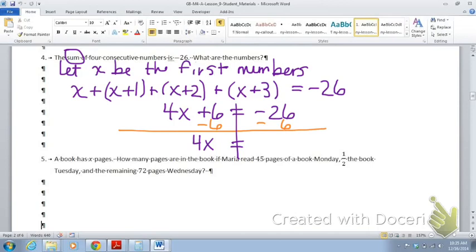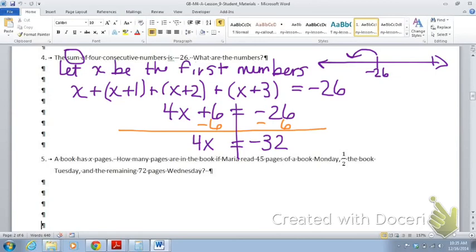Now, -26 minus 6, if you think of the number line, if I'm down here at -26, and I want to subtract 6, I'm hopping that way on the number line. So I'm going to add these two numbers. I could think of it as -26 plus -6. So this is -32.